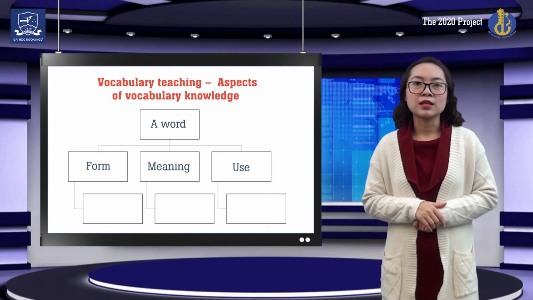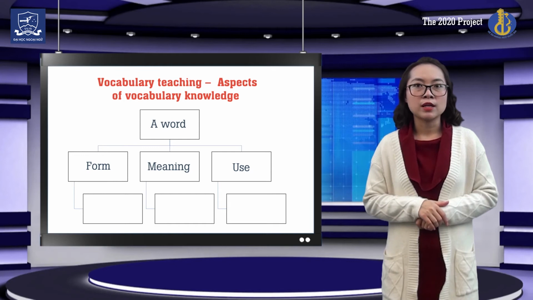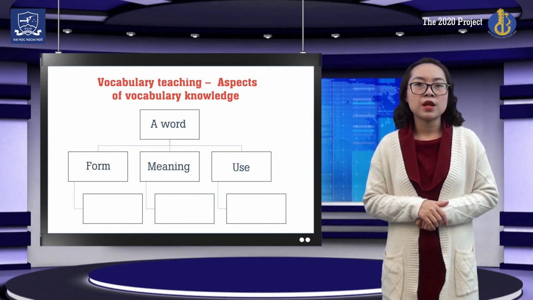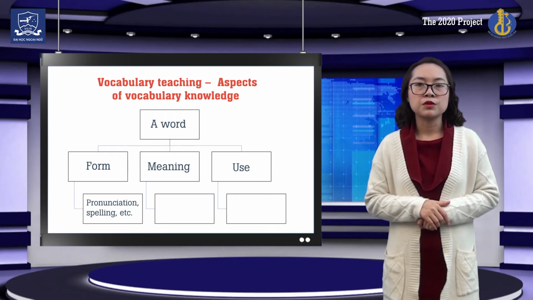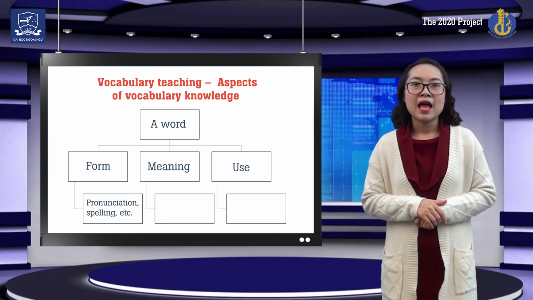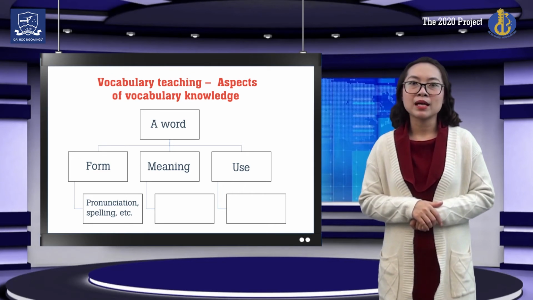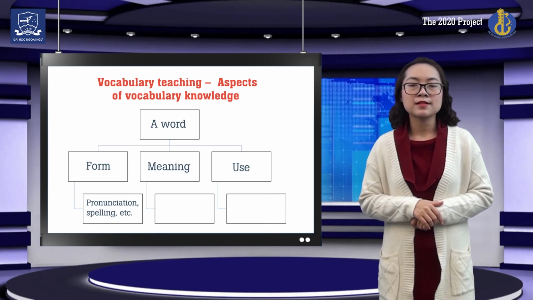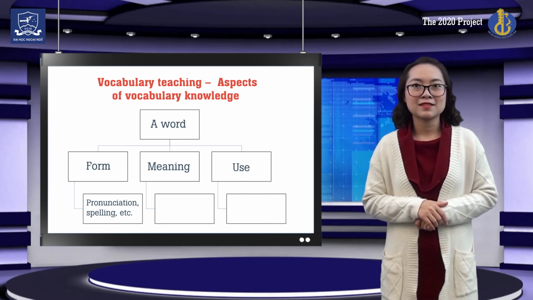According to Nation, in 2001, the form of a word involves its pronunciation, spoken form, spelling, written form, and any word parts that make up this particular item, such as a prefix, root, or suffix.